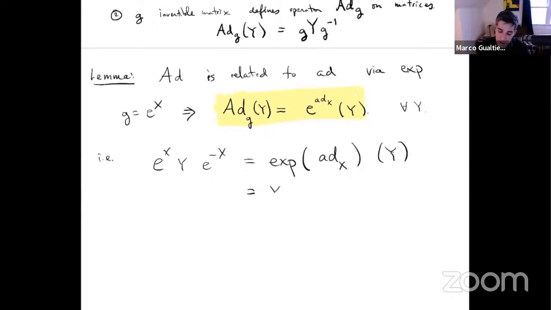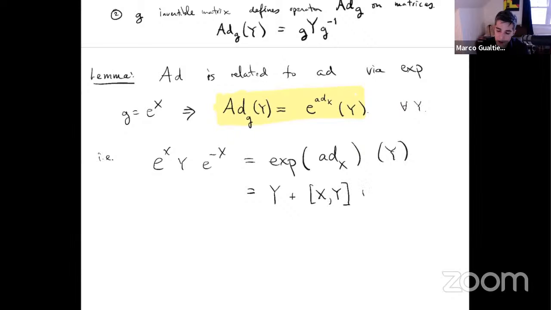The first term would be just the identity, so it just leaves y alone. The next one is going to be x commutator y. The next one is going to be 1 over 2 factorial x, x, y, and so on. So you can compute the left-hand side by using the right-hand side. It's basically just an identity.